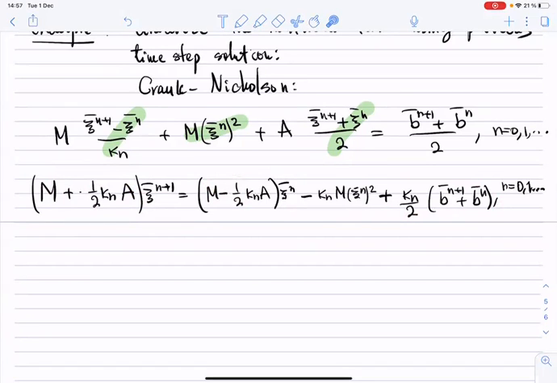You update your time because you solve it for psi n plus 1. Then you do iteration. You solve for the second, third, etc. So it's going to be the solution to the time-dependent reaction diffusion equation.